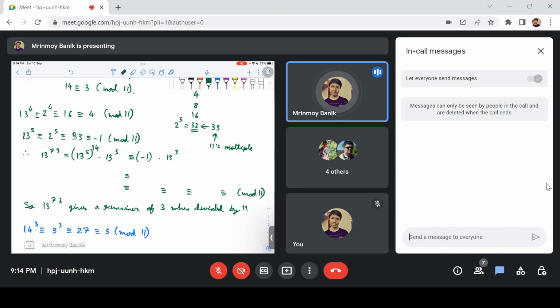So we have minus 1 power 14 times 13 power 3, that's plus 13 cube. So that's plus 2 cube. 2 cube is 8. It's nothing negative, it's plus 8. Sorry for that.